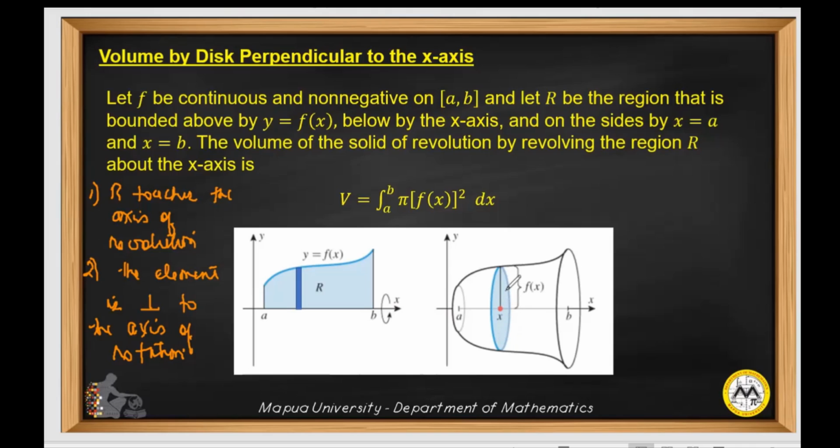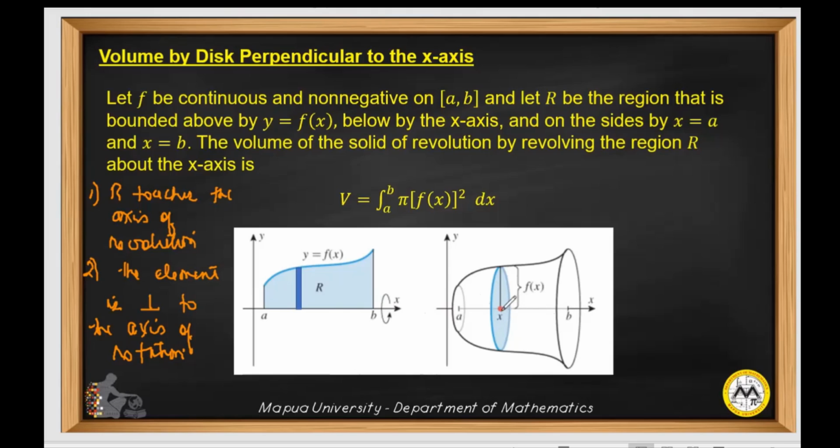Of course, we can find the volume of the circular disc. And since we have infinitely many rectangles revolved about the x-axis, we have infinitely many circular discs.